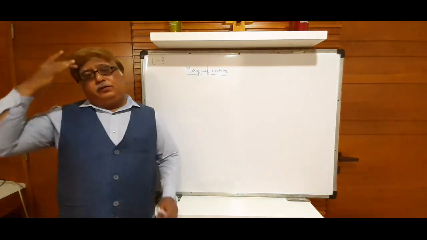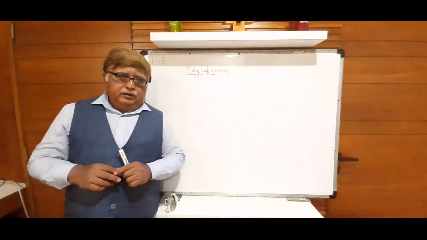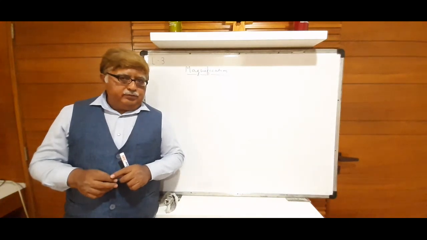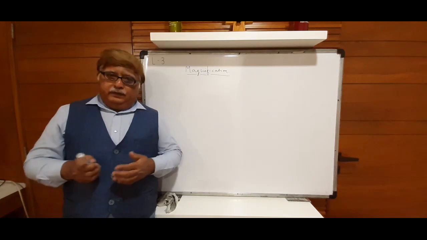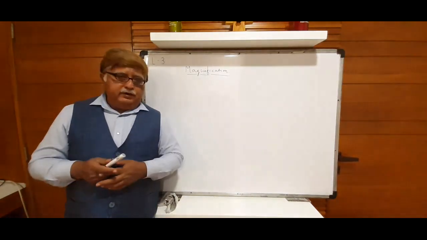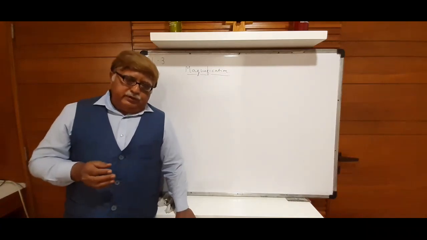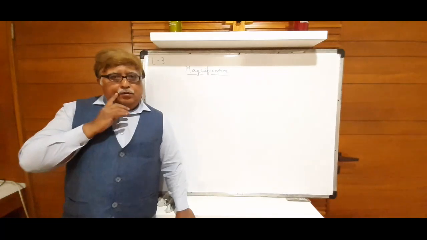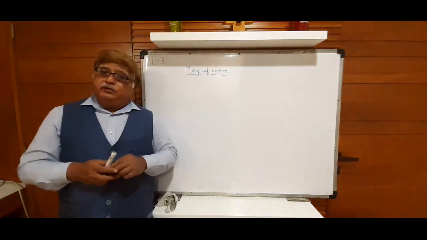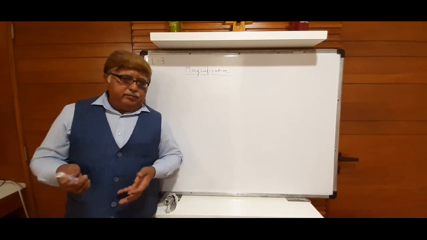You have already seen, we have studied about image formation by plane mirror, by concave mirror and convex mirror. You have seen that in case of plane mirror the image is of the same size. In case of convex mirror, the image is quite smaller. But in case of concave mirror, sometime image is of the same size, sometime image is smaller, sometime image is larger.